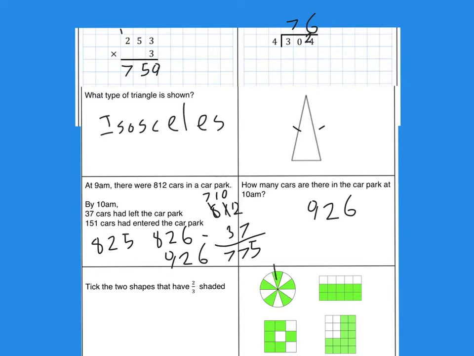The next shape, you can clearly see without counting that 2/3 are shaded, so that shows 2/3. The next shape has 9 squares, 6 are shaded, so 6 over 9 is the equivalent of 2/3, so that is correct. And the next one has 20 squares and 14 are shaded, so 14 over 20 is not 2/3, and 20 can't be divided by 3 equally anyway.